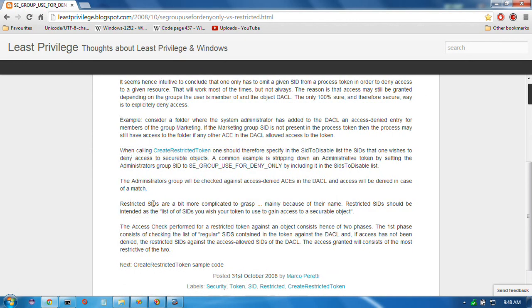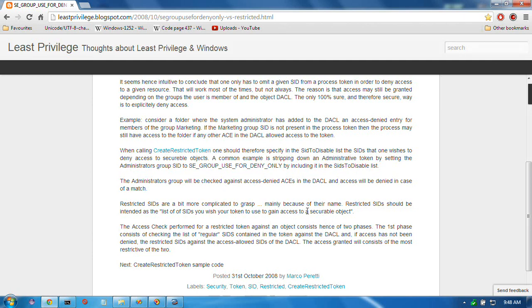Right, here it is. Restricted SIDs are more complicated. More complicated than what? More complicated than disabled ones, which has been explained up here, because of their name. Restricted SIDs are intended to be the list of SIDs that you want your token to use to gain access to an object.